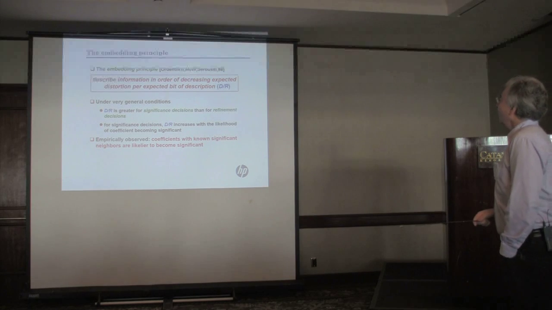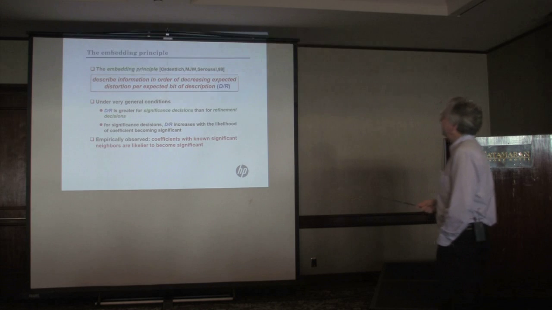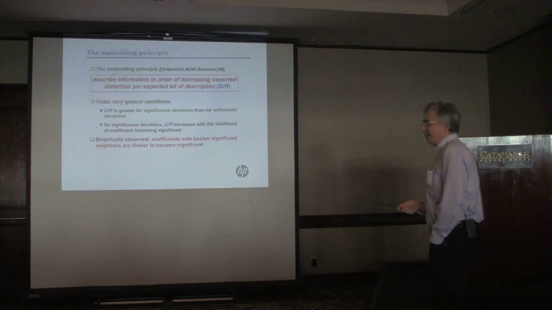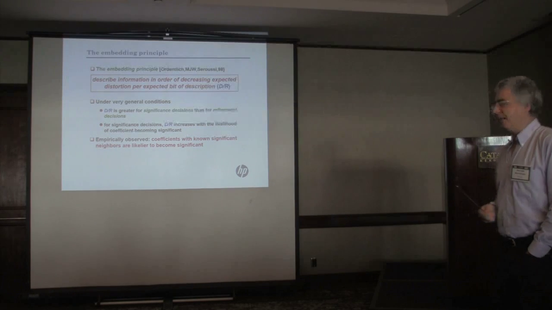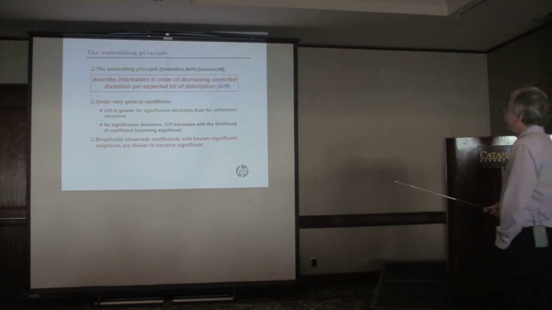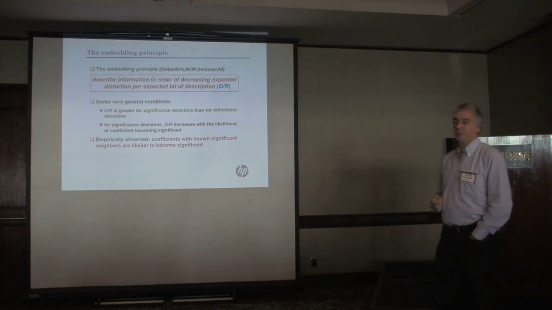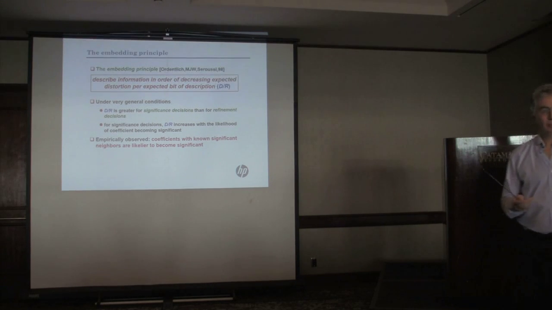So what we came up with back in '98 was a principle that tells you, well, you shouldn't be sending your bit planes in any order. You should describe information in order of decreasing expected distortion per expected bit of description. You should first send the most important information.